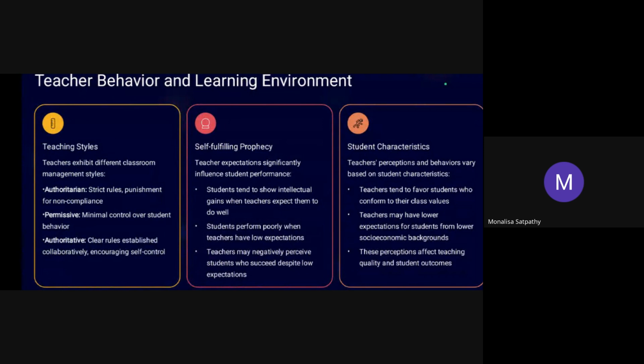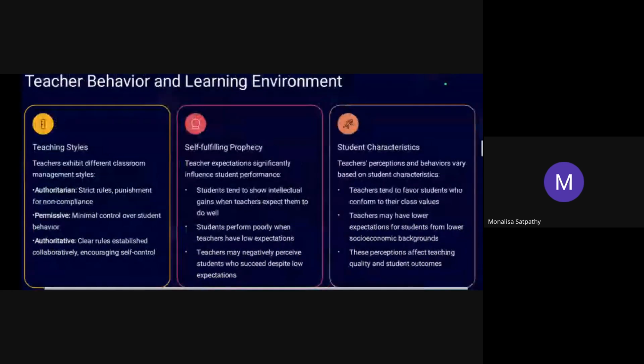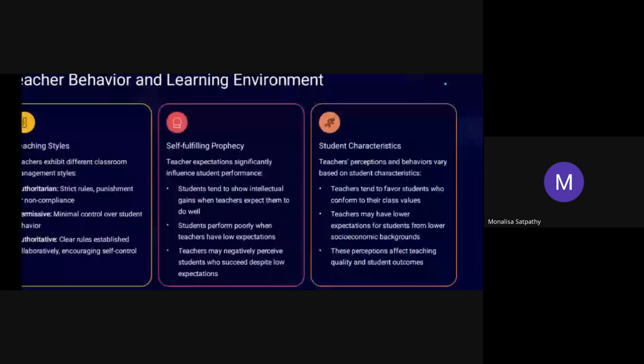Sometimes as a teacher, we have high expectation from some students, and we have low expectation from some students. So that expectation affects the process of learning, affects the performance of the student. So prophecy should be determined as per the level of the student. That is one of the important factors. And another important factor is students' characteristics.